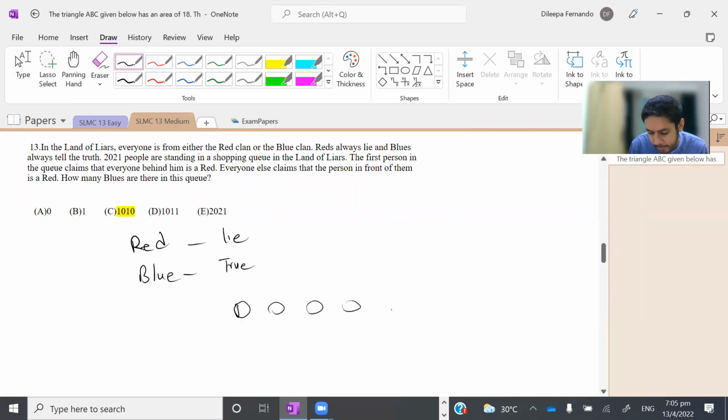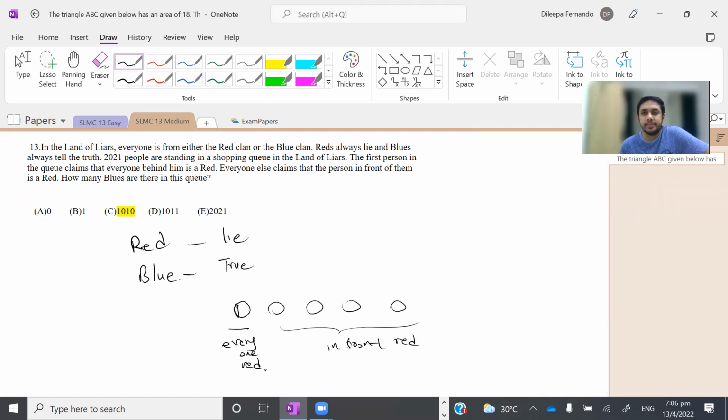And everyone else claims the person in front of them is red. Now what is asked? How many blues are there in the queue?